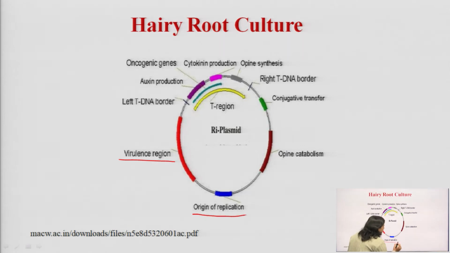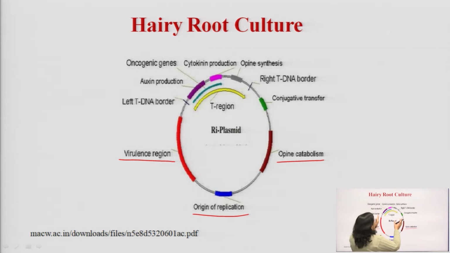This is the origin of replication. If the cell has to start dividing, the origin message is there in this part of the RI plasmid. Then opine catabolism: if any kind of metabolic processes are performed by the particular Agrobacterium, what enzymes are required and what processes are involved, that is governed by the opine catabolism part.